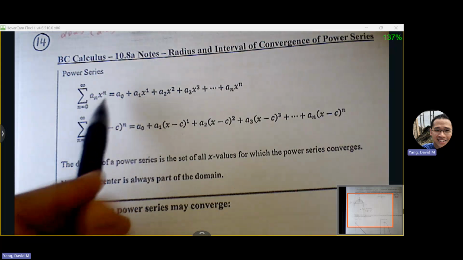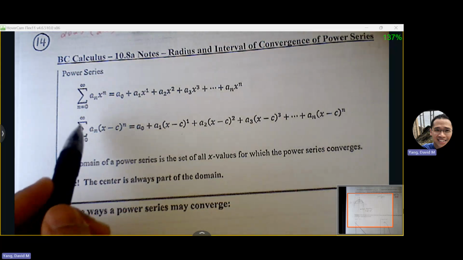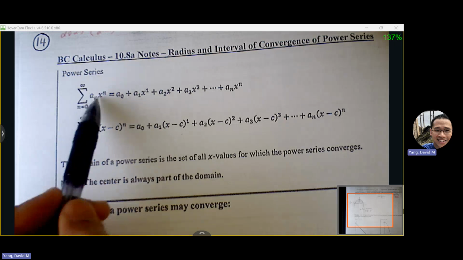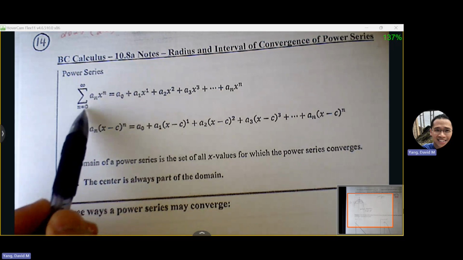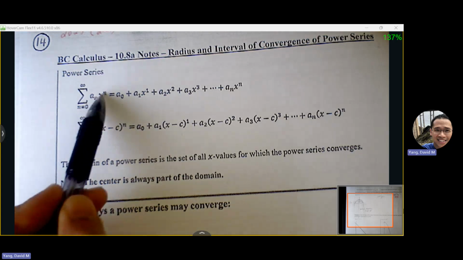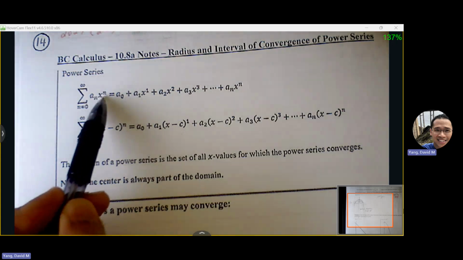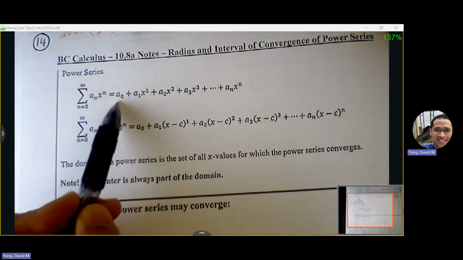So this would be a power series. It's also a series whose powers are represented as integers, since we're raising x to the ever-changing next integer value.